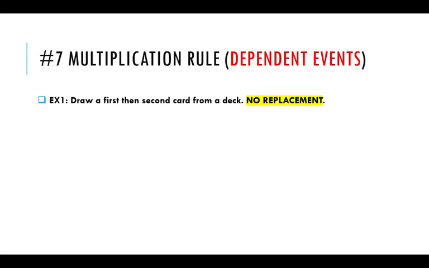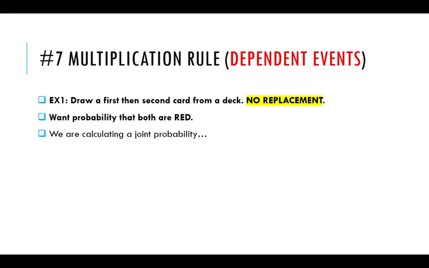So let's say in example 1 that we're going to draw a first and then a second card from a deck, but we are drawing with no replacement. Remember why I'm telling you no replacement? If we're drawing without replacement, then I'm creating dependent events. So we want the probability that both draws are red, that I draw a red and then a red.